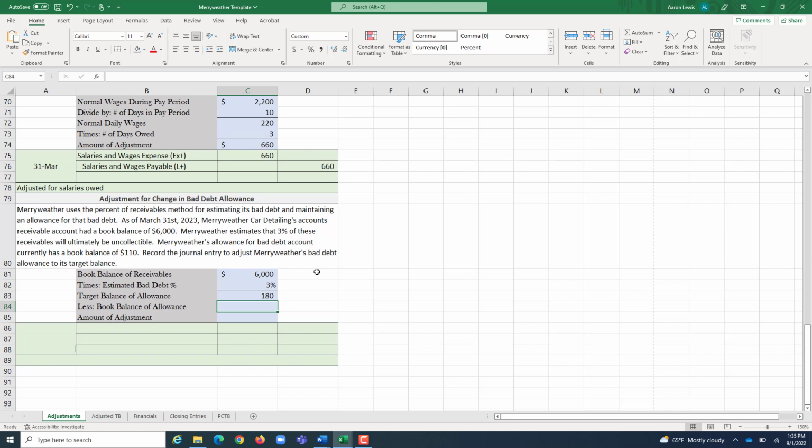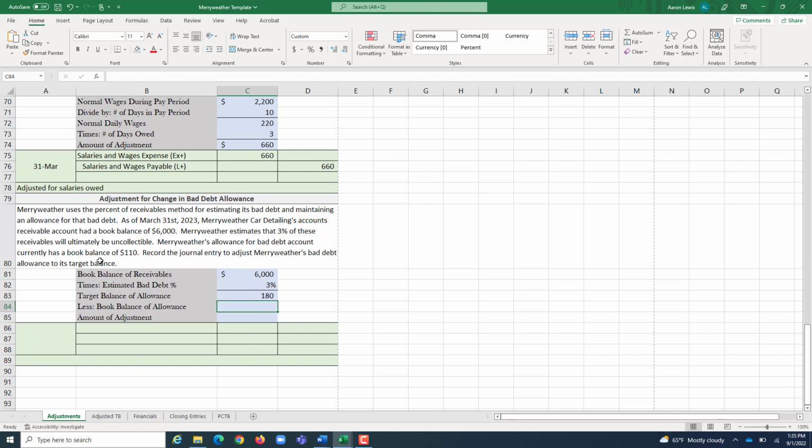When you're using the percent of receivables method, you have a running balance in that account, which you're always adjusting to its target. We just determined our target. We need to do whatever we have to do to the current balance of our allowance for bad debts to get it up to, or maybe down to, in some cases, $180. What do we currently have in there?